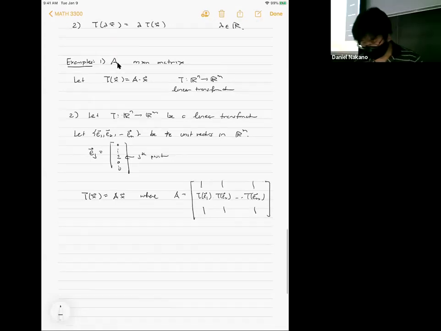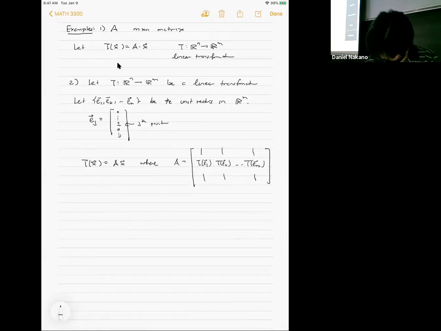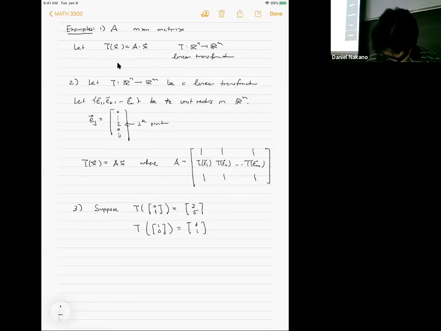Okay, so maybe we should do an example. Suppose that T of (0, 1) is equal to (3, 5), and T of (1, 0) is equal to (6, 1).